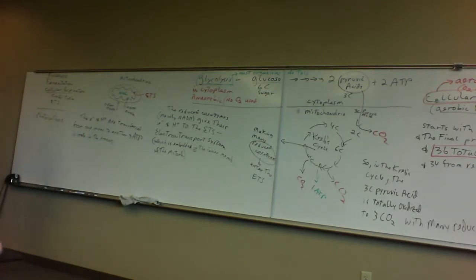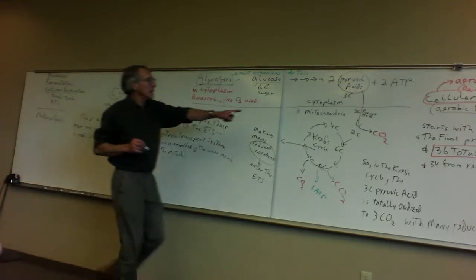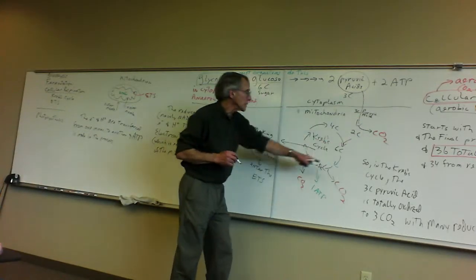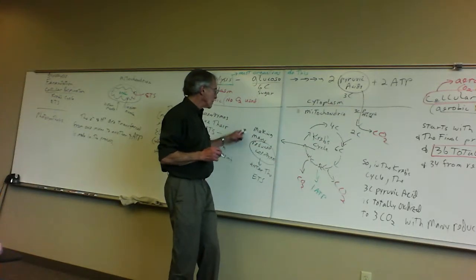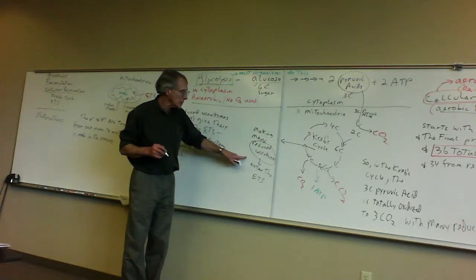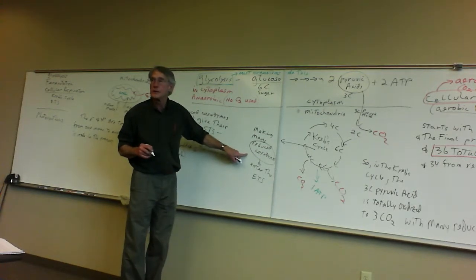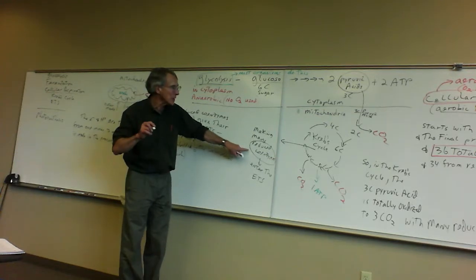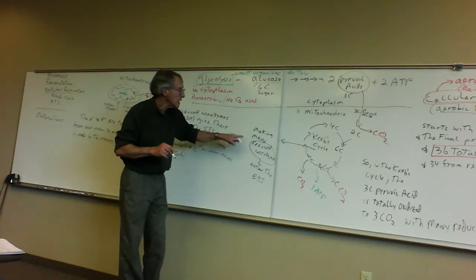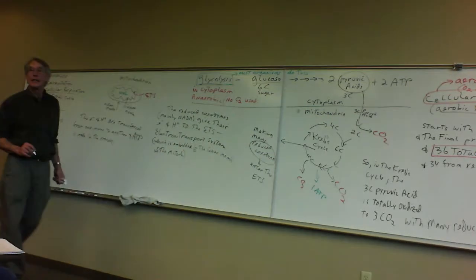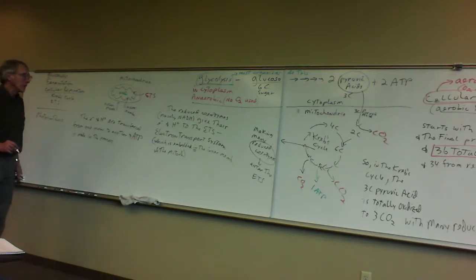Now, I'm not worrying about numbers, I'm just worrying about final numbers. Well, what did I say here? I said that for each pyruvic acid that comes in here, we make a bunch of coenzymes, or NADHs, but don't worry about it. I'm just saying for each pyruvic acid that comes in, you get many NADHs made. Okay.